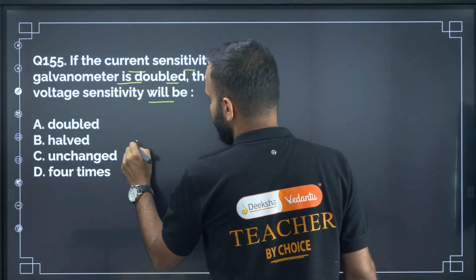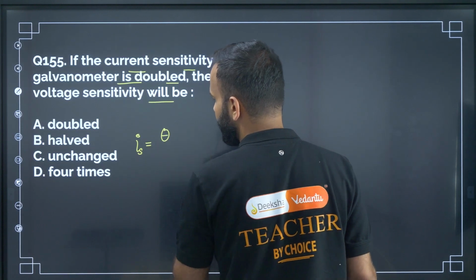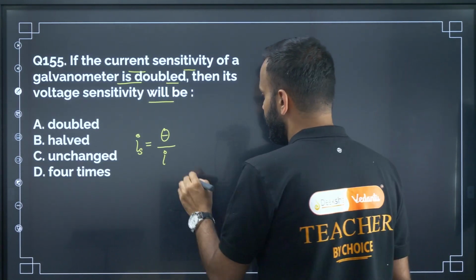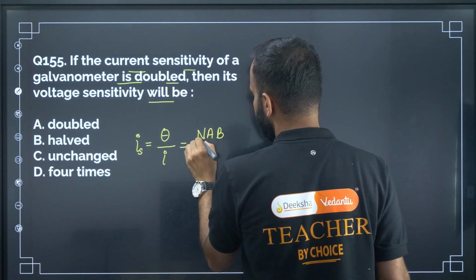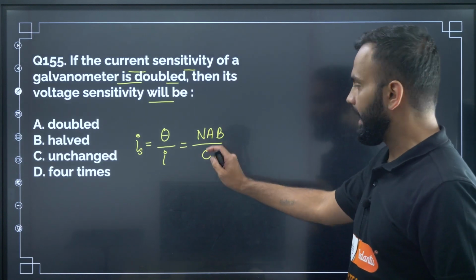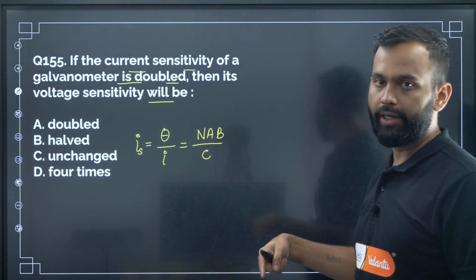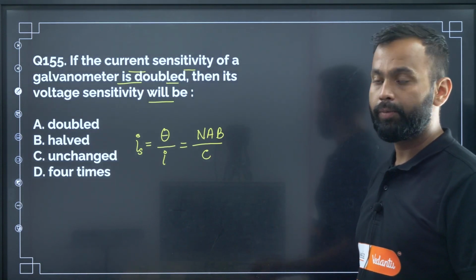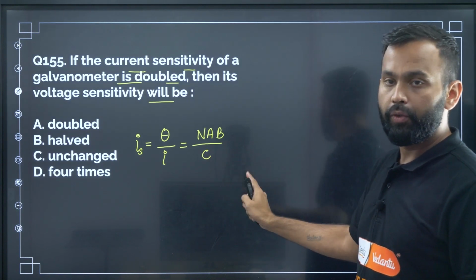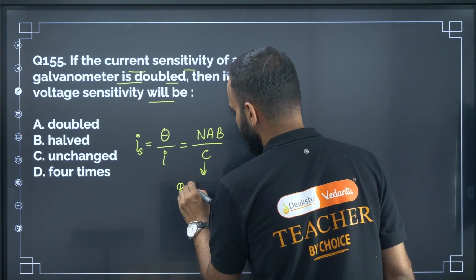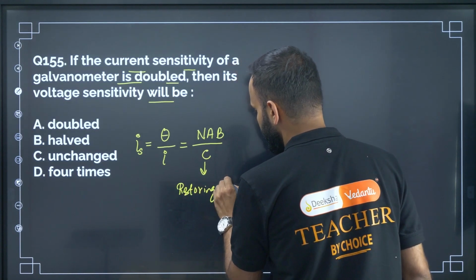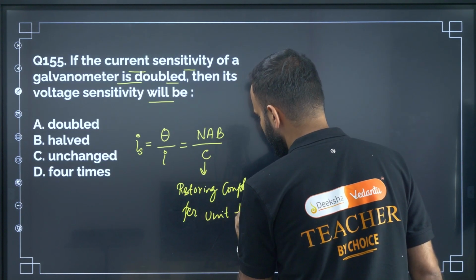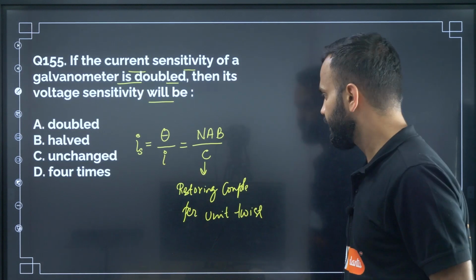We know that current sensitivity Is is equal to theta, the deflection in the galvanometer, divided by current I, which is equal to NAB divided by C. N is the number of turns in the coil, A is the area of the coil, B is the magnetic field, and C is the restoring couple per unit twist.